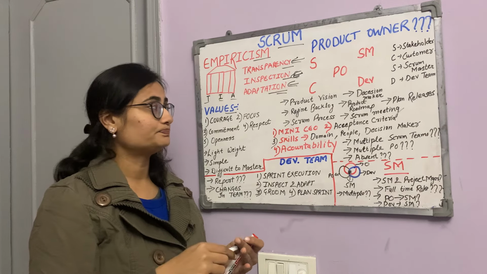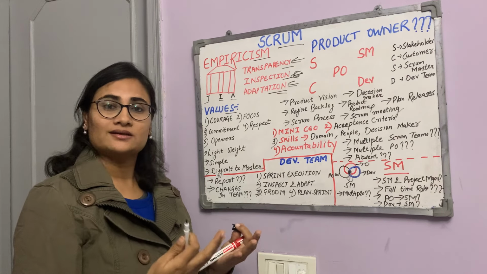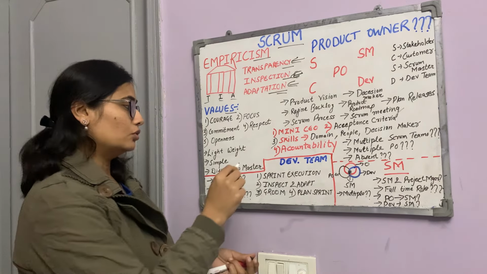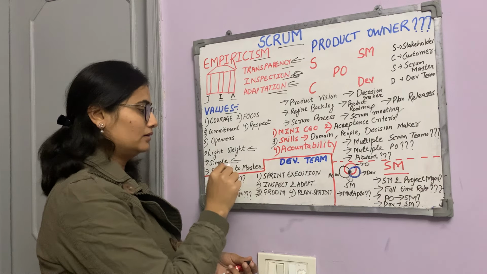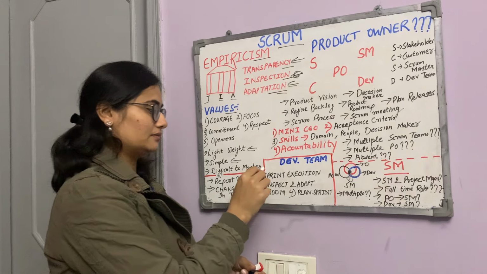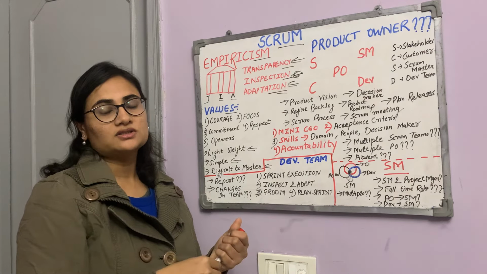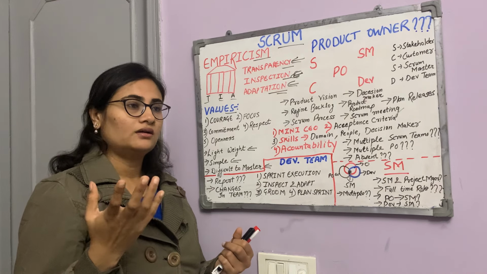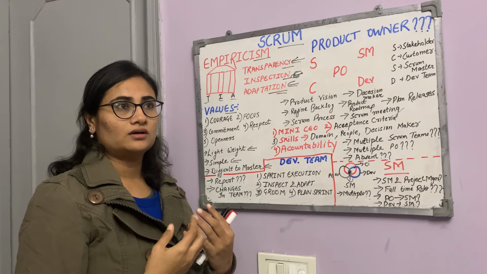Now, a few more qualities about Scrum which we should know is that it is lightweight, simple, yet difficult to master. Why do we say this? Lightweight because it's a framework. It's not a methodology.